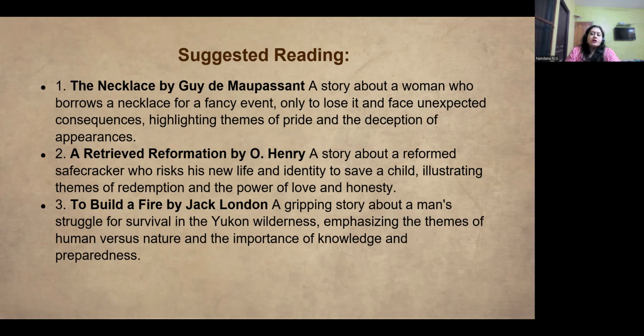A Retrieved Reformation by O. Henry, a short story about a reformed safecracker who risks his new life and identity to save a child, illustrating themes of redemption and the power of love and honesty. To Build a Fire by Jack London, it's a gripping story about a man's struggle for survival in the Yukon wilderness, emphasizing the themes of human versus nature and the importance of knowledge and preparedness.